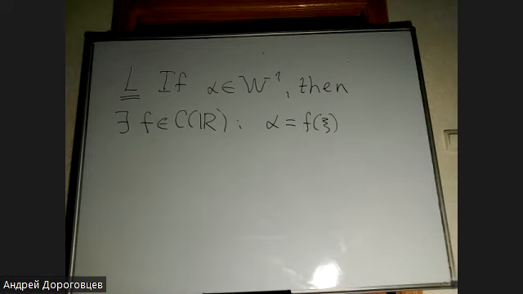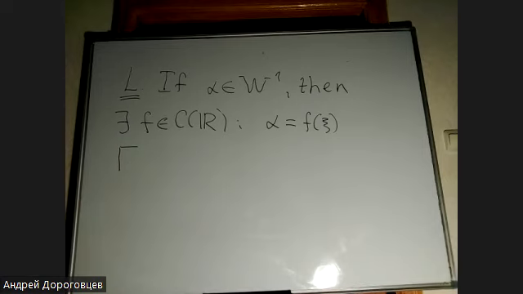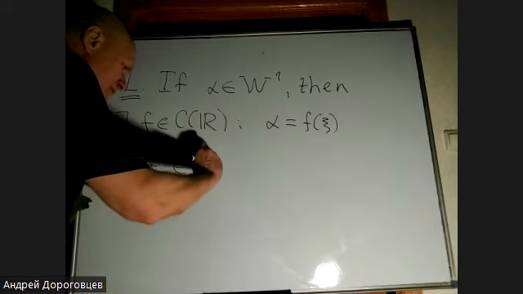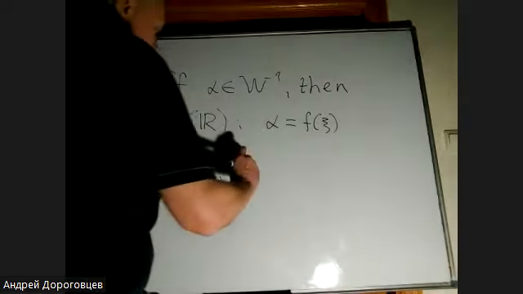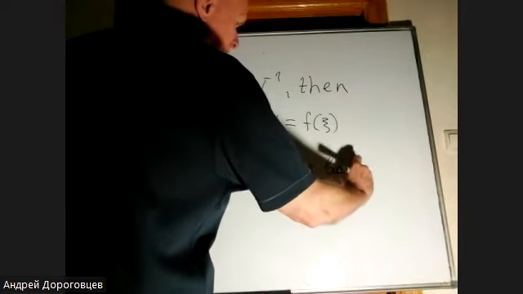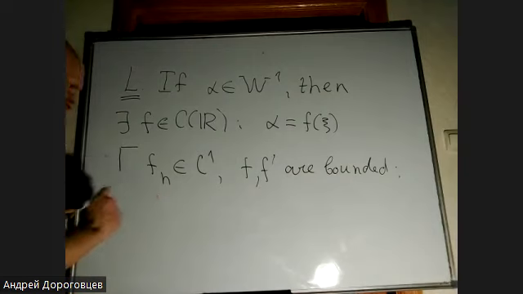So, what do we have to prove? Actually, we have to prove that any Sobolev function in the one-dimensional case is a continuous function. Okay? Let's check this. I have the sequence fn, which belongs to C1, such that f prime is bounded, such that the following convergences hold.